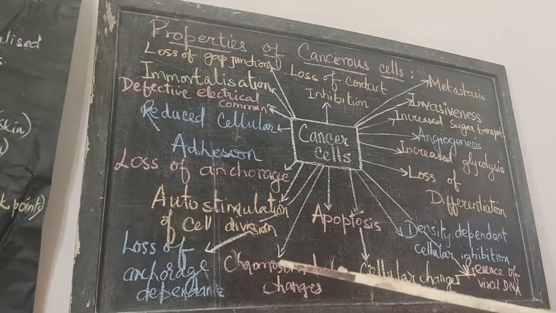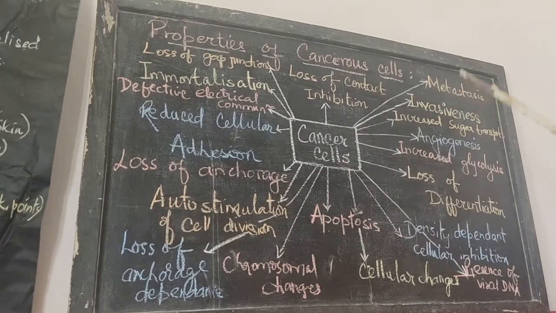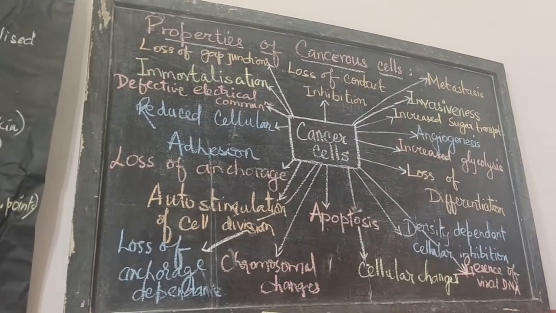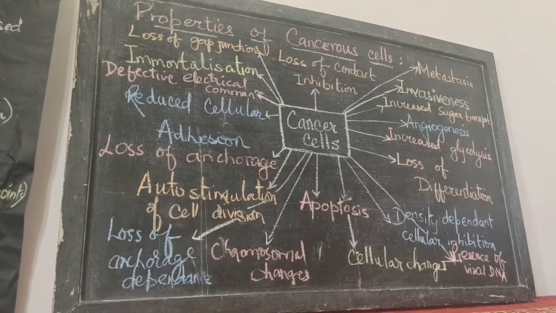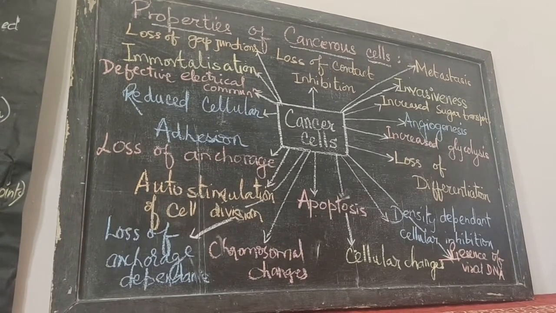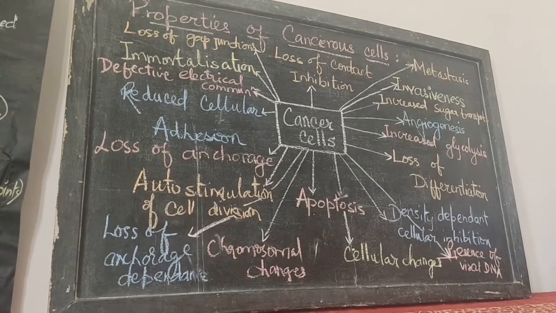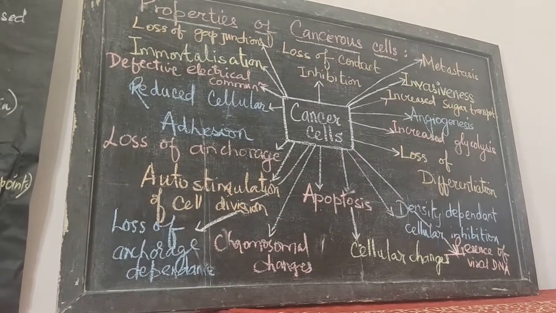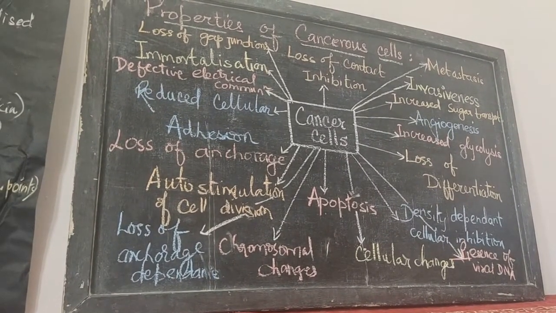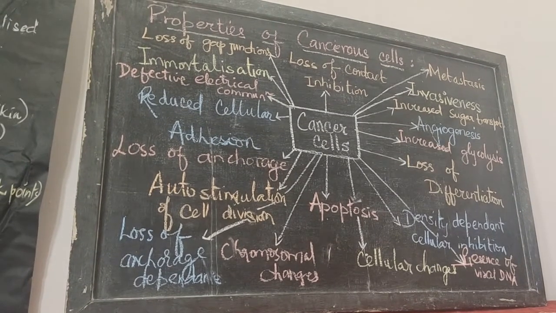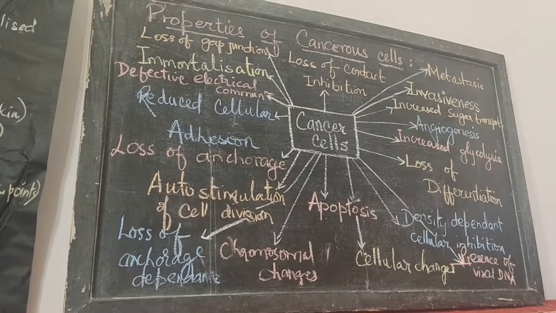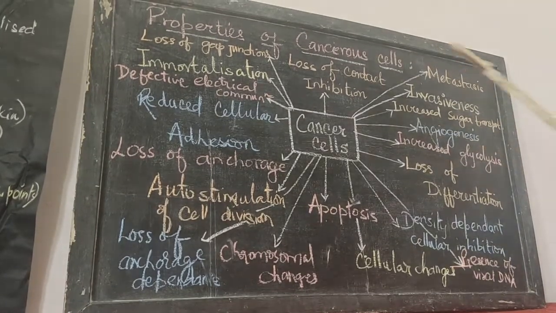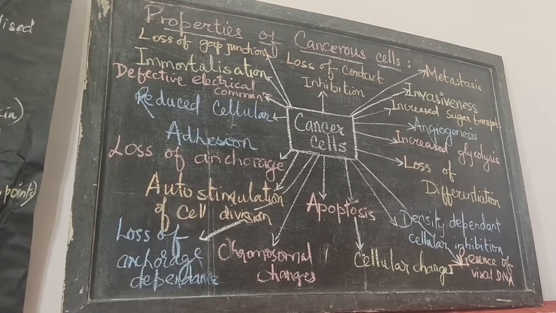In the previous class, we have learned about this term metastasis, which is related to malignancy. Malignancy refers to spreading of cancer, but if the cancer moves from a cancerous locality to a non-cancerous or healthy locality, we call it metastasis.